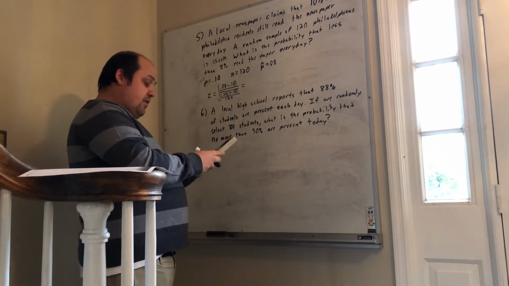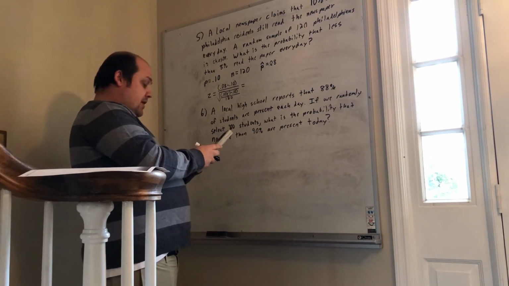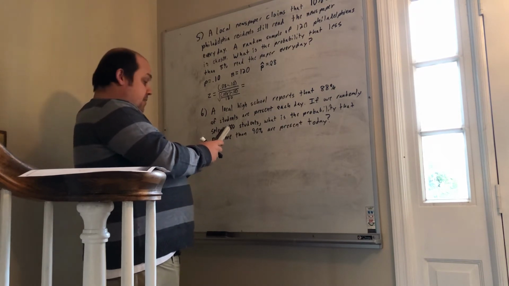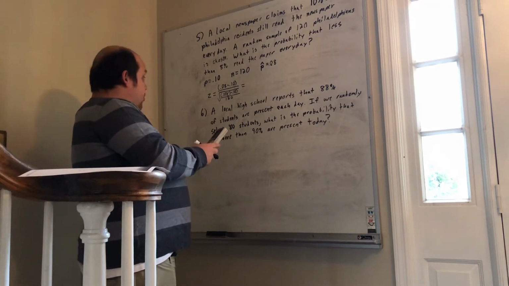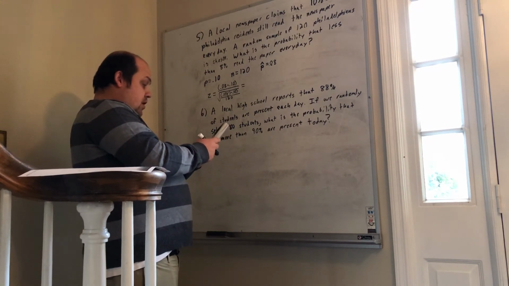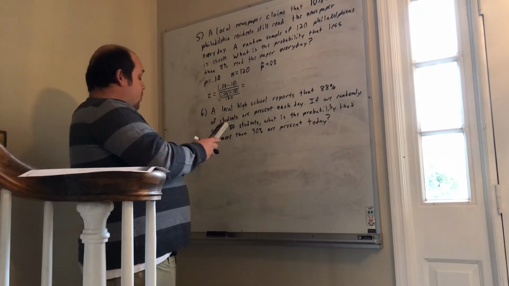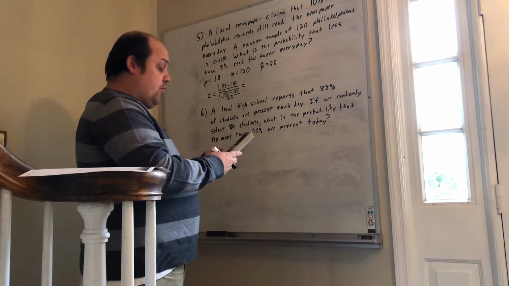Again, making sure that parentheses are correct. On top, parentheses 0.08 minus 0.10, divided by, on bottom, the root of, parentheses 0.10, times parentheses 1 minus 0.10, all divided by 120. Again, making sure that all of that is happening under the root.